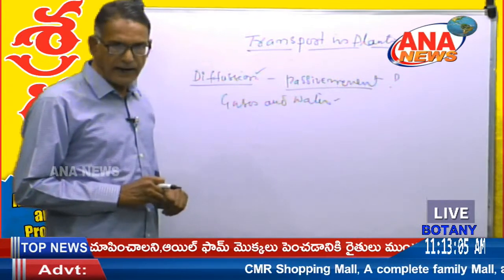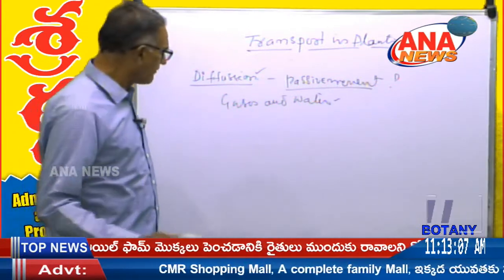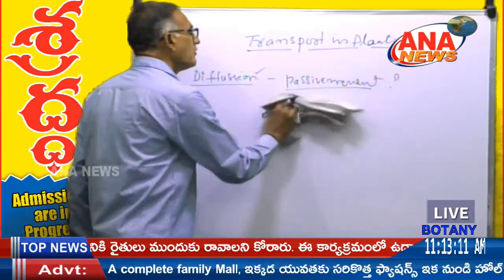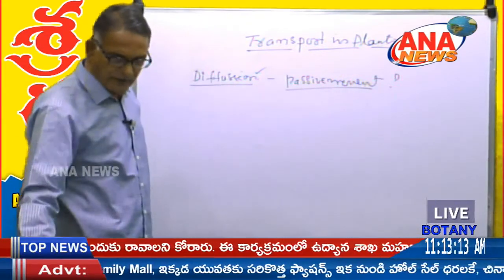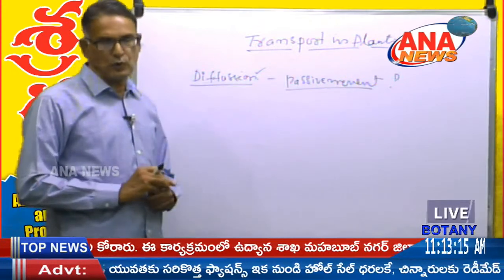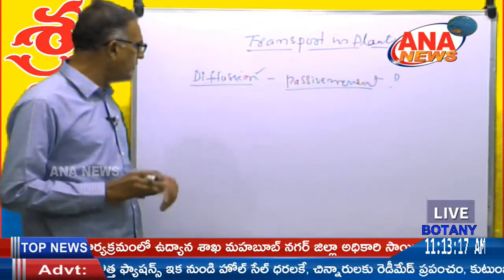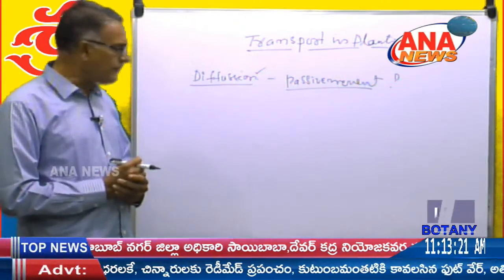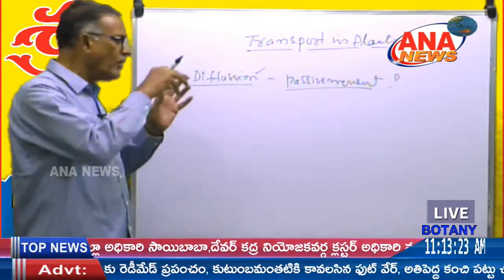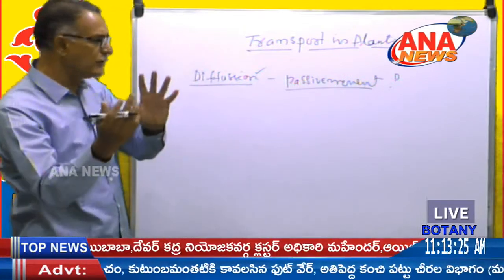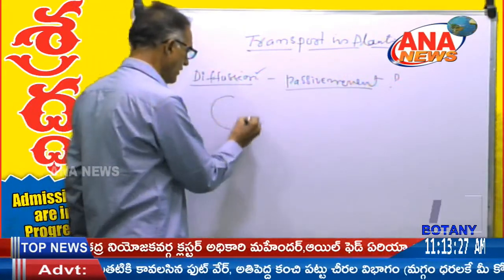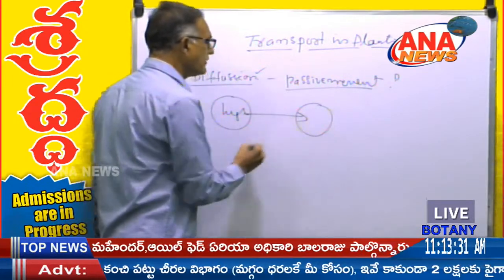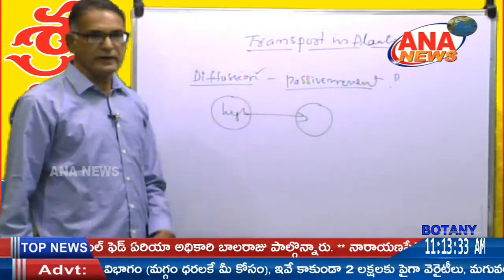It is necessary for the movement of gases also. So what is diffusion? The movement of particles or ions from a high concentration region to a low concentration region, depending just on the concentration gradient.